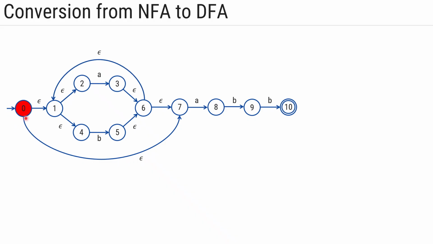E-closure of 0: it can go to 1 and also will go to 7. E-closure of 0, it will go to 1, and they have color coded here. It will go to 1 as well as it will go to 7. I will write 0, including the source node, the source state.